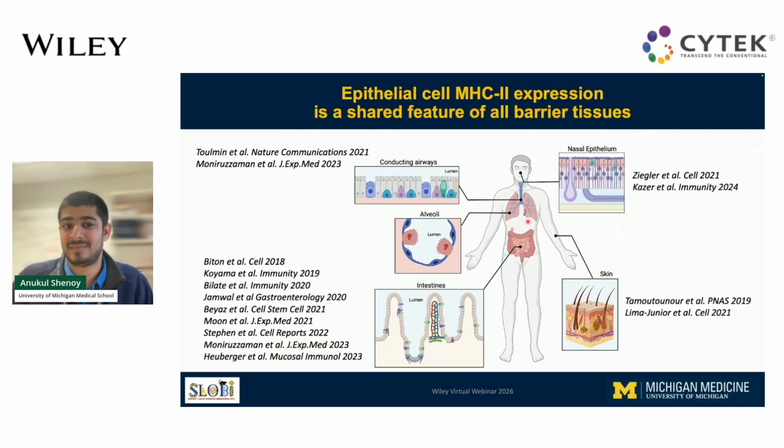Over the past decade, there have been multiple papers, some of which I have put here as snapshots, showing that many different epithelial cells and many different barrier tissues are able to express MHC class 2 and talk to CD4 T cells. So, whatever functions we are looking at in the lung might have direct implications for discoveries that could be made at these other barrier sites like the gastrointestinal tract, the nasal epithelium, and the skin.